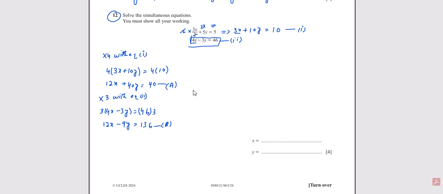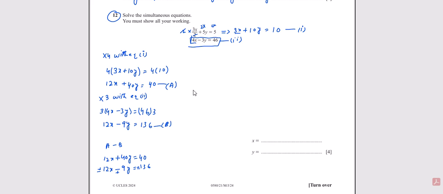So subtract both equations from each other, like A minus B. A is 12x plus 40y is equal to 40, and B is 12x minus 9y is equal to 138. Change the sign, plus minus, plus minus.